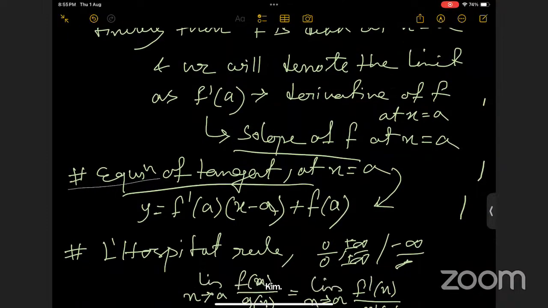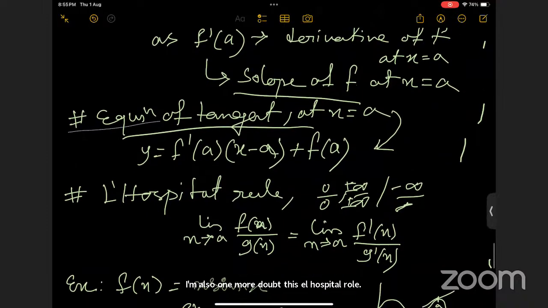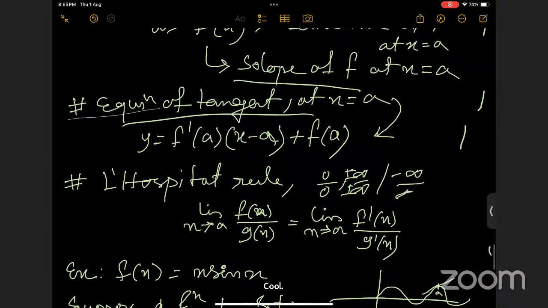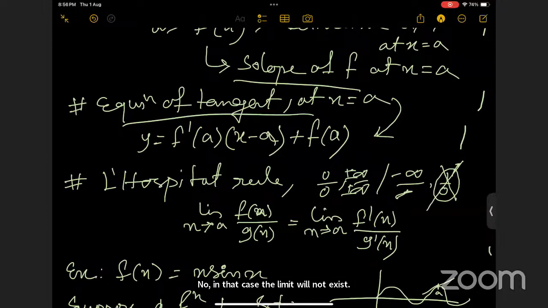Ma'am, also one more doubt. Does this L'Hospital rule also apply when it is 1 by 0 form? 1 by 0 is not defined, right? No, in that case, the limit will not exist. I had this doubt because in the Solve With Us case, there was one question where we had to find where L'Hospital rule is applicable, and it gave me a wrong answer when I put 1 by 0.